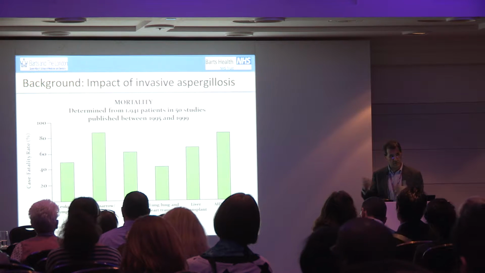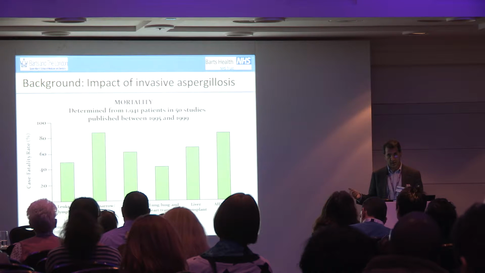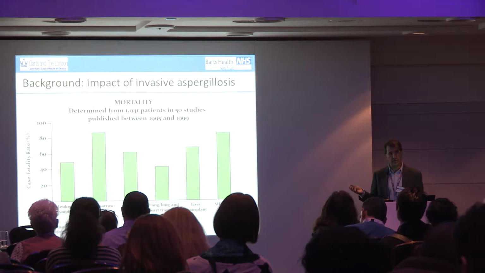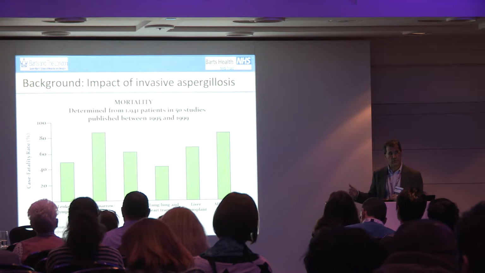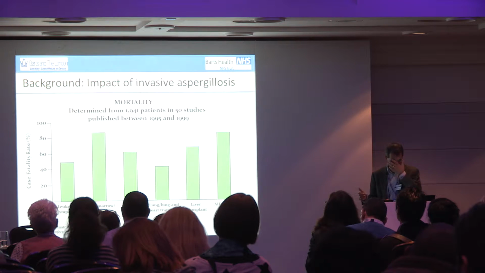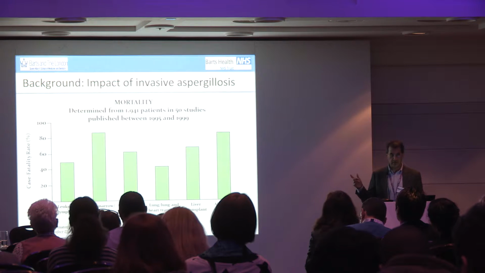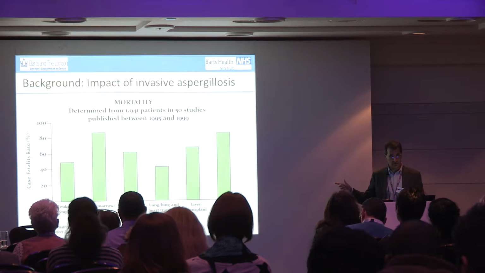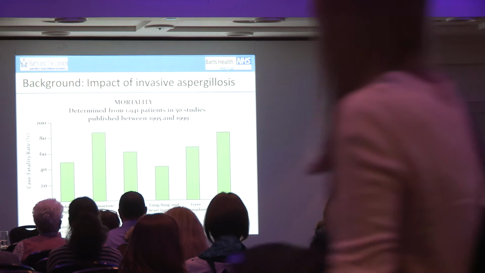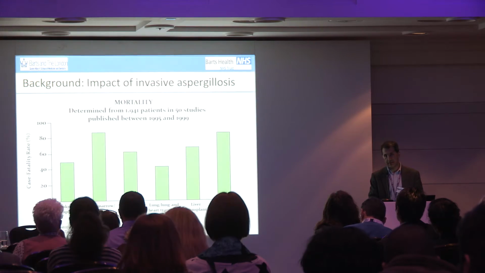And this crude mortality rate shown here, as you can see, goes upwards from 50%. So these are in patients who have good evidence of invasive aspergillosis. So in this setting, if patients get invasive mould disease, the outcomes are likely to be poor.